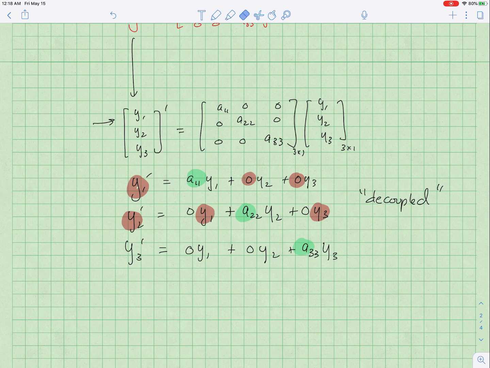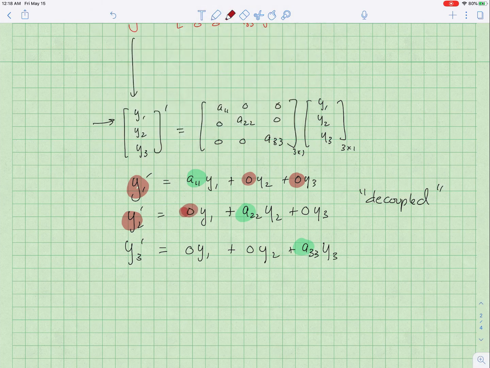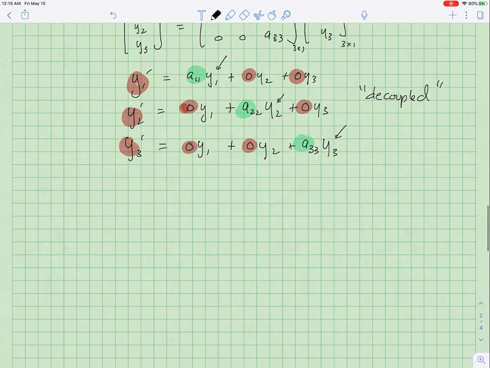Hold on a second. No, come on. This is 0 y1s and 0 y3s, and then 0 y1s and 0 y2s. And so in each case, I have decoupled the system right across the board. The y1 derivative now only depends upon y1, the y2 derivative only depends upon y2, and the y3 derivative only depends upon y3.